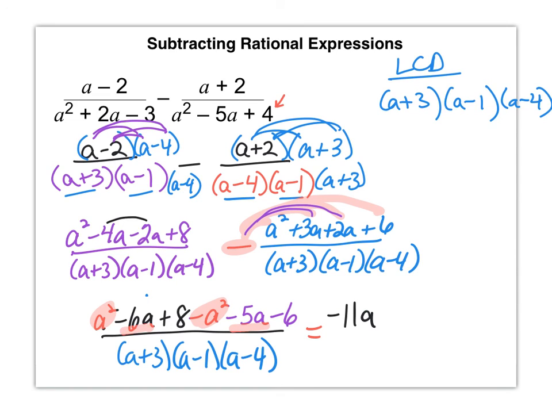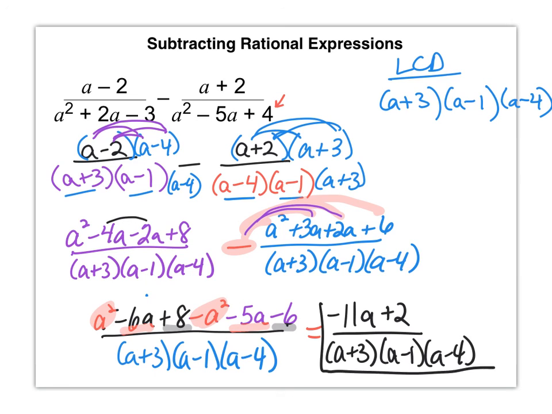And then with the constants, the plus 8 and the minus 6, that is going to be plus 2. So in the numerator, all that simplifies to negative 11a plus 2. In the denominator, we can write each of those factors as part of the LCD. So our final answer can be expressed as a single rational expression.